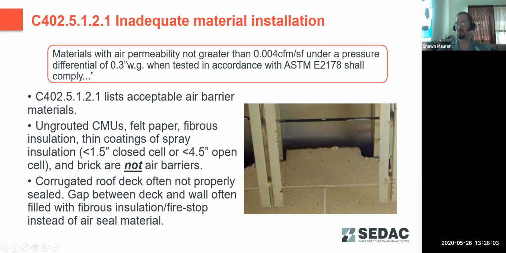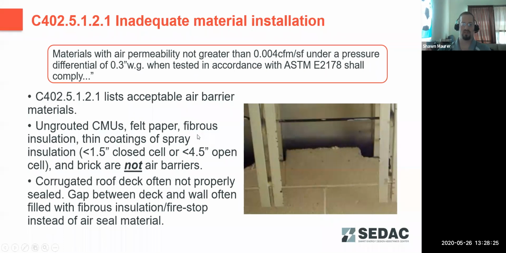It has to be the proper depth to count as an air barrier material. With closed cell insulation, you have to have greater than 1.5 inches for that to qualify as an air barrier. And for open cell, depending on the manufacturer, greater than 4.5 inches, and we've seen a couple manufacturers where it has to be greater than 5.5 inches to count as an air barrier.